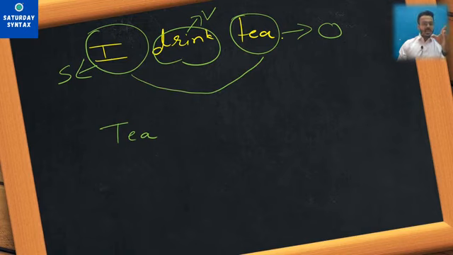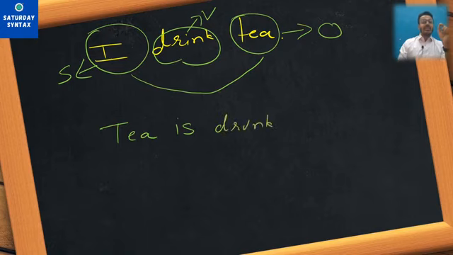Now, this sentence is in simple present tense. If simple present tense is given, then our helping verb would be is, am or are. So here we will write, tea is. Now, don't forget to put the V3 form: tea is drunk.